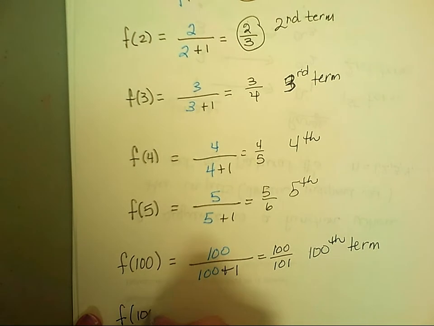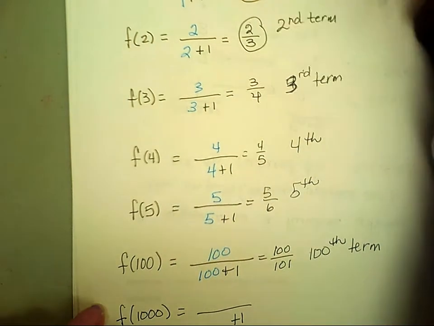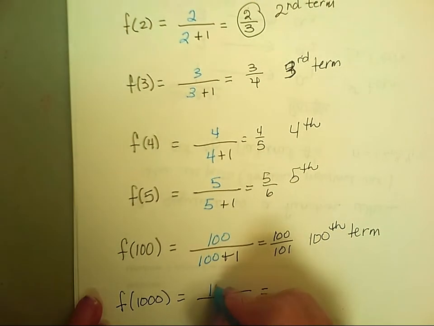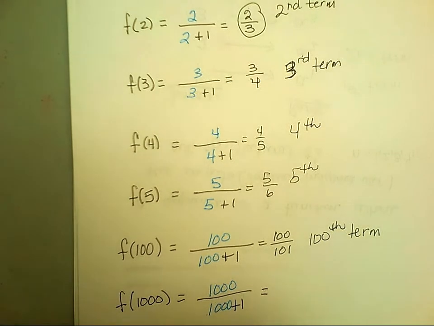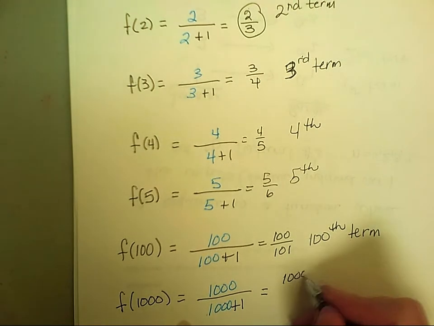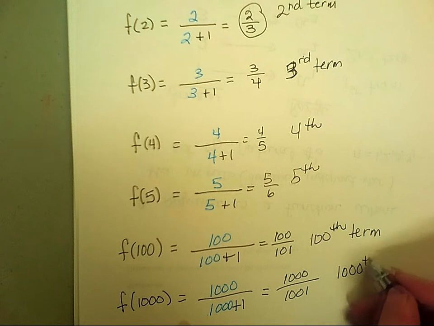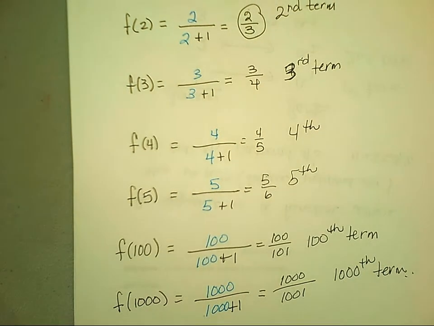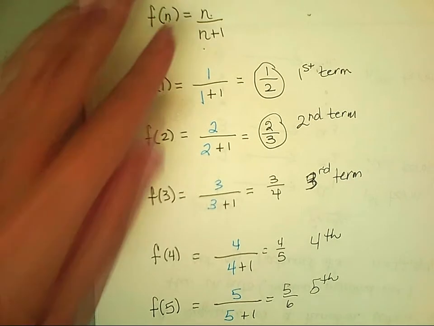We could find the 1000th, no problem, same way. Now we just put in 1,000. And what we get then is 1,000 over 1,001, and this is the 1,000th term. So that's the benefit of knowing what our sequence is in terms of n.